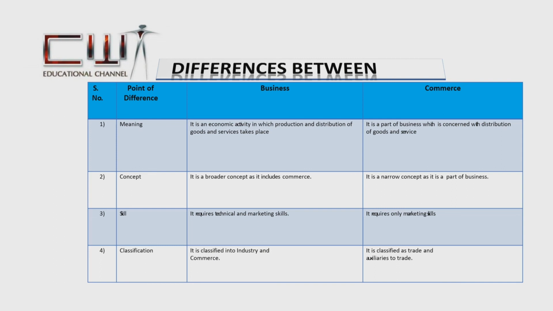Commerce is a narrow concept as it is a part of the business. Business requires technical and marketing skills. Commerce requires only marketing skills. Business is classified into industry and commerce. Commerce is classified as trade and auxiliaries to trade.